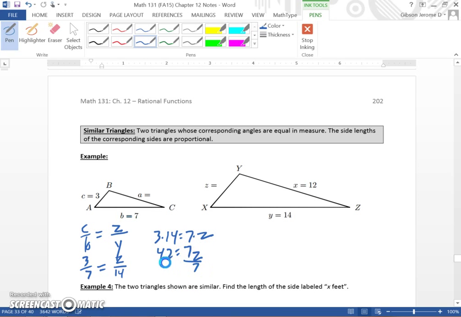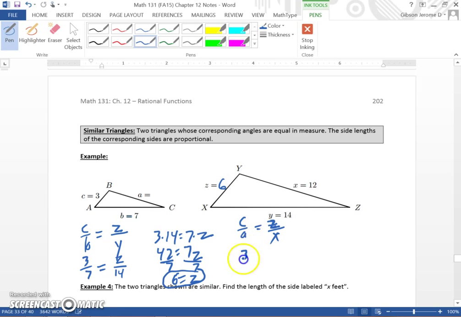We divide each side by 7, and 6 is equal to Z. So our answer here would be 6 for Z. And then now we want to find A. Since now we have Z, which is 6, we could do C over A, and we could set that equal to Z over X. Now remember, this is a Z, not a 2.